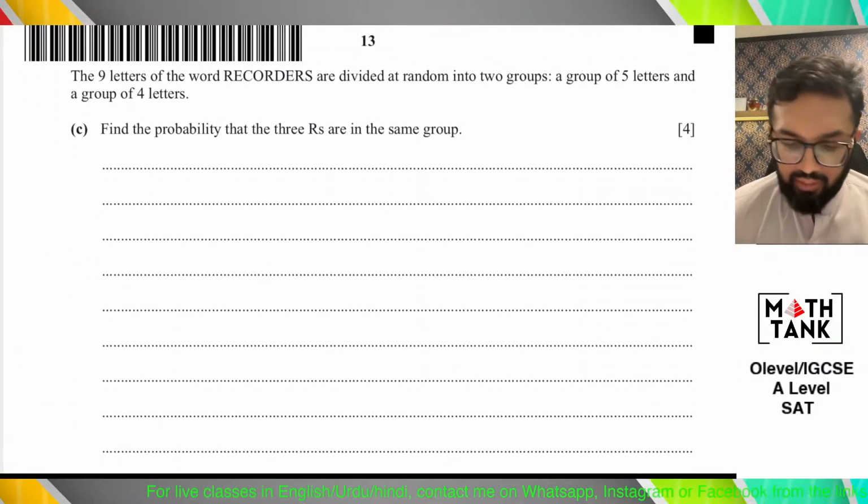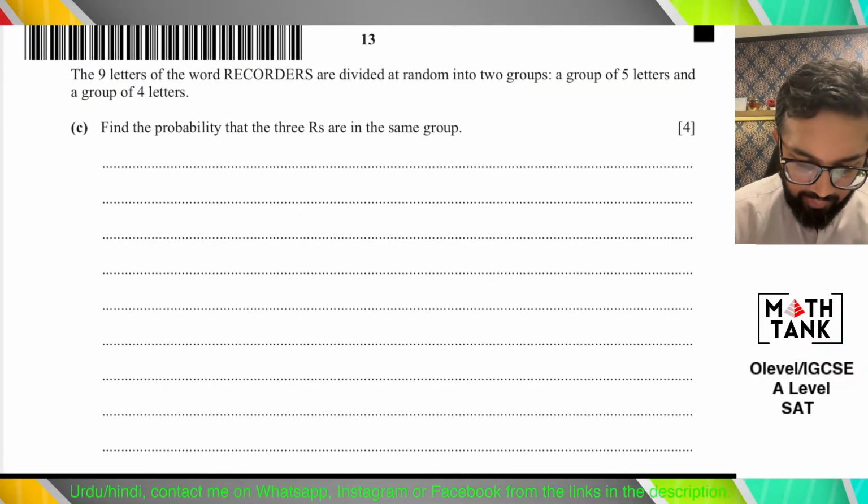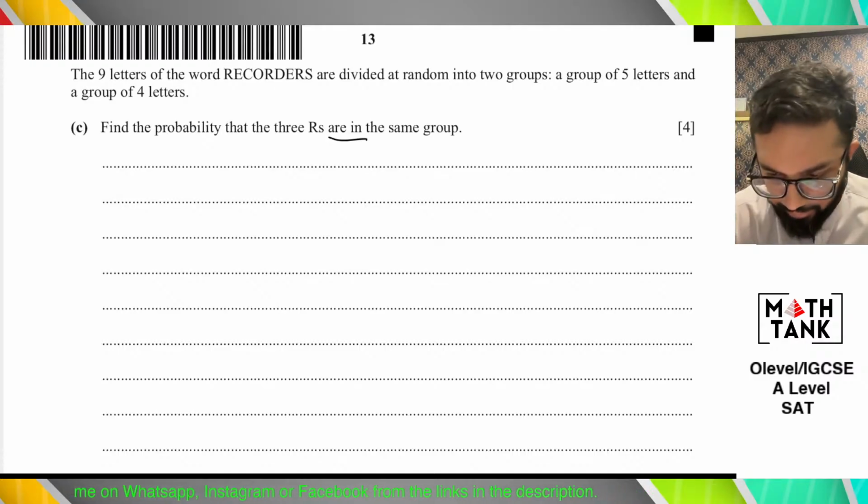The 9 letters of the word recorders are divided into random groups, a group of 5 letters and a group of 4 letters. Find the probability that the 3 R's are in the same group.